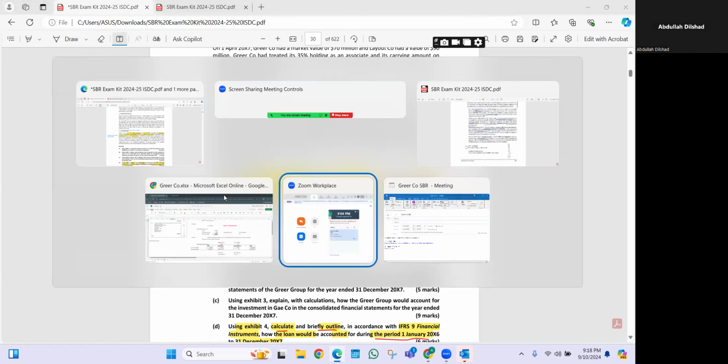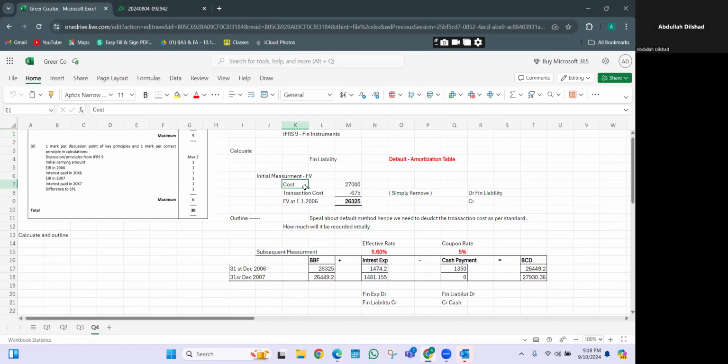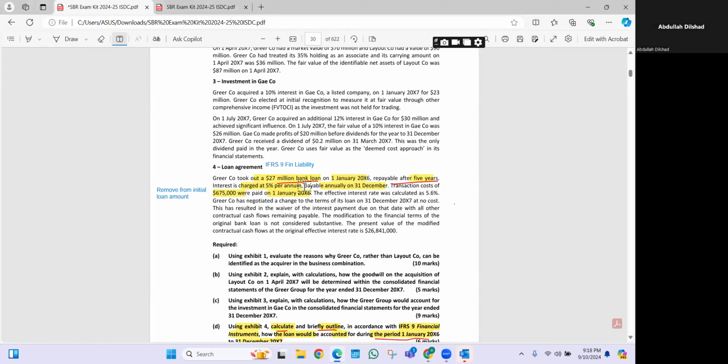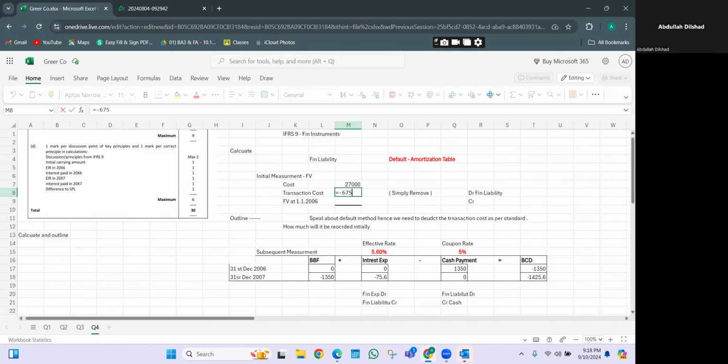So the initial measurement of that particular loan would be, 27,000 was the loan as at 2006, and you will have to deduct 675,000, which would give you 26,325. So this would be your initial measurement.